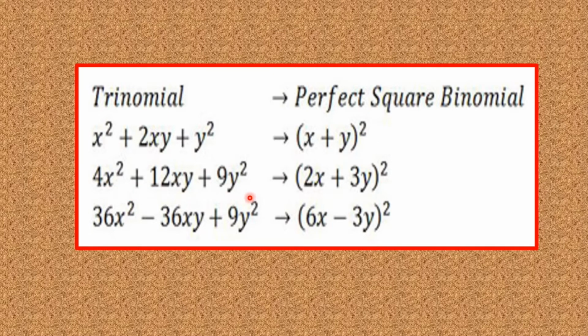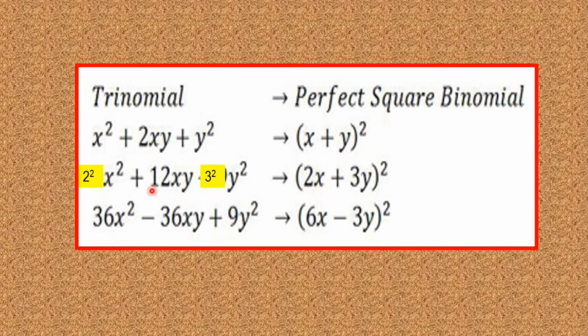So, dito sa number 2, 4 is a perfect square kasi 2 squared is 4. 9 is a perfect square kasi 3 squared is 9. So, pareho na silang naka-square, yung first tsaka yung last term. Kukunin mo lang yung root ng 2x.